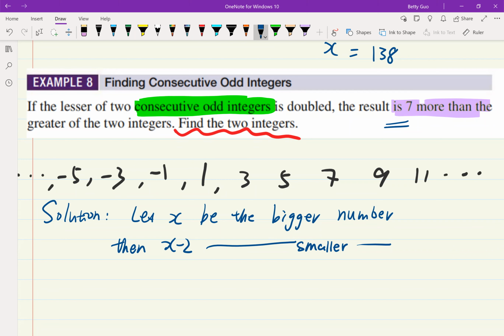Remember earlier I mentioned equals, right? Is 7. 7 what? 7 more than. Let's deal with the right-hand side of the equation. What is 7 more than the greater of the two integers?